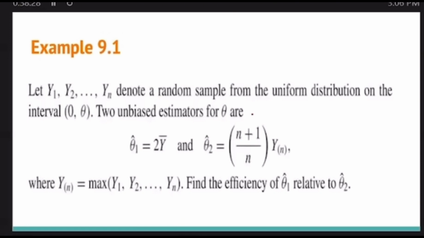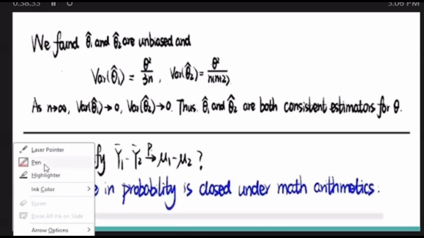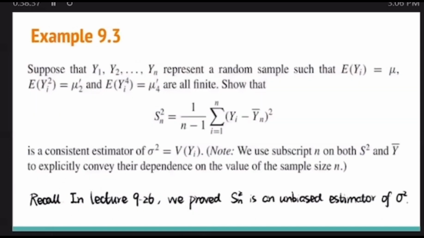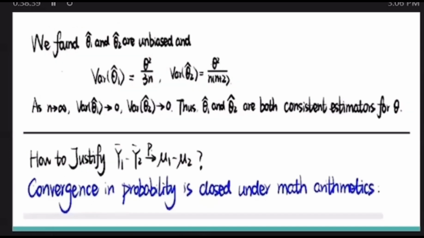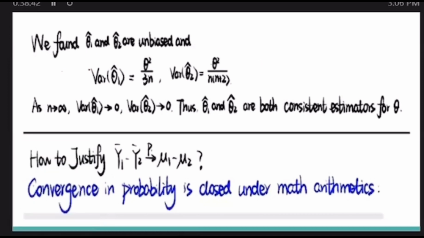Okay, now take a look at this. Based on what we did in the last class, we've already obtained their variances. Now, if I want to investigate consistency, I can investigate consistency from the variance here.